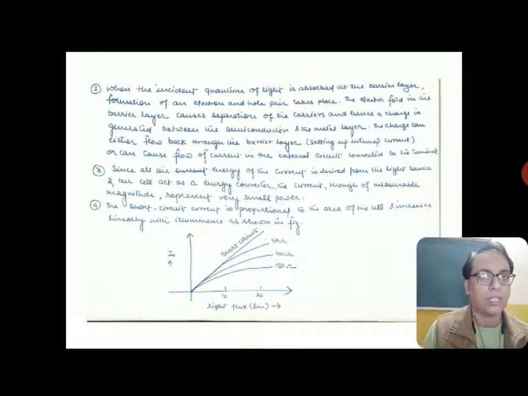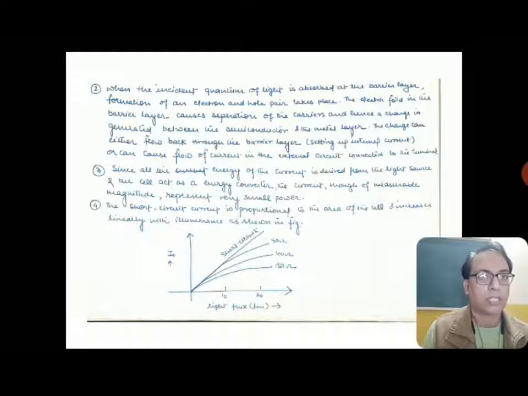Since all the energy of the current is derived from the light source and the cell acts as an energy converter, the current of measurable magnitude represents very small power. The short circuit current is proportional to the effective area of the cell, and increases linearly with the illuminance.